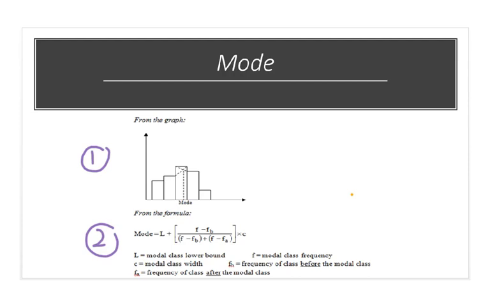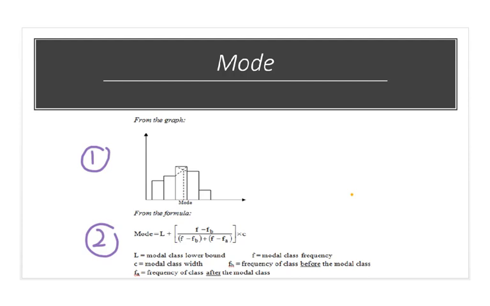If you need to estimate the mode, you estimate from the histogram. You cannot estimate mode from the ogive. You can only estimate median from the ogive, and you can only estimate mode from the histogram.